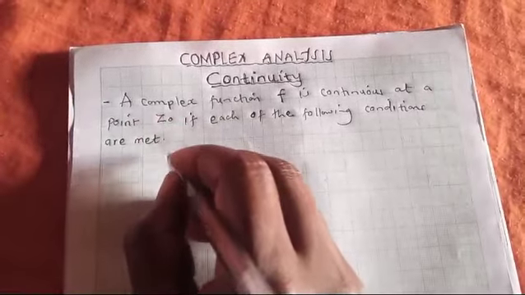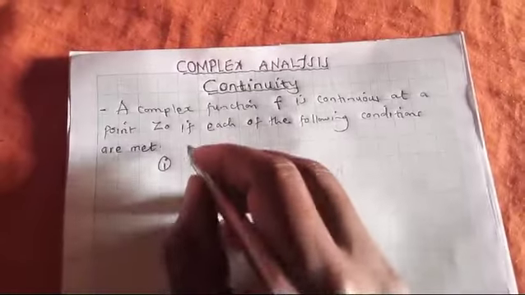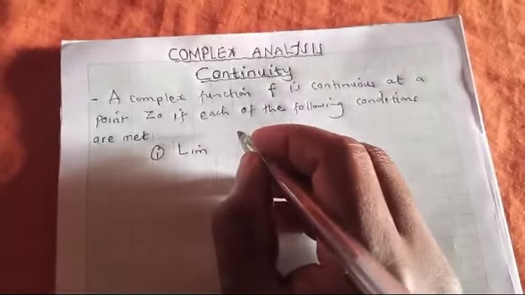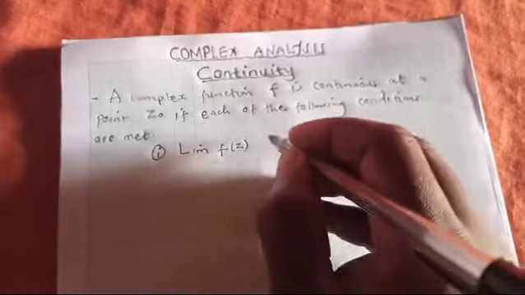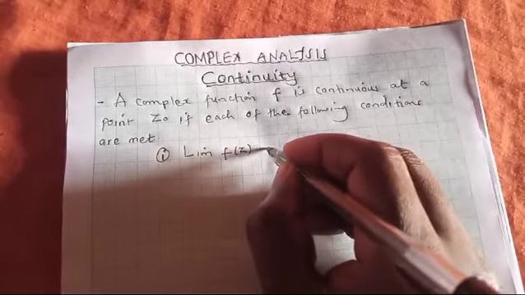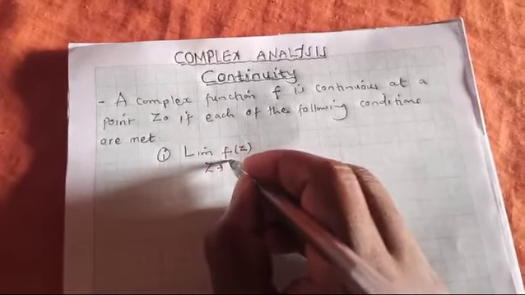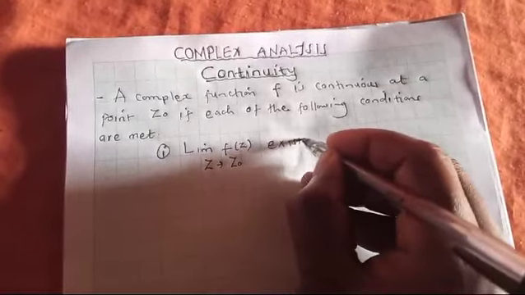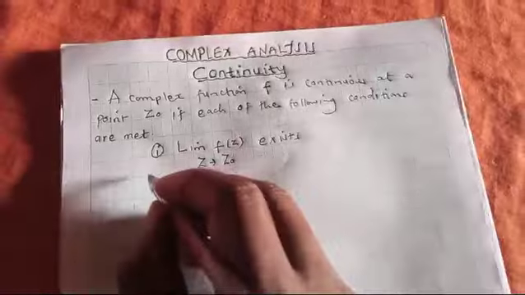So the first condition is if the limit of a function as z approaches z naught exists, then we will have to say that function is continuous.